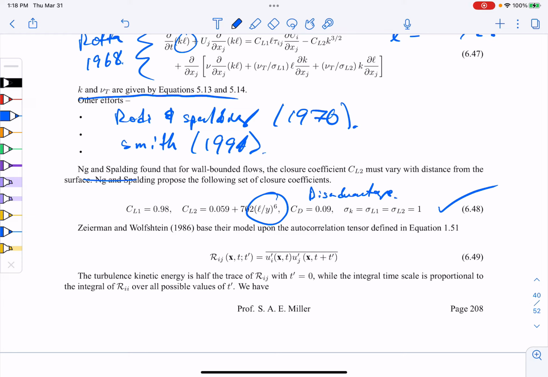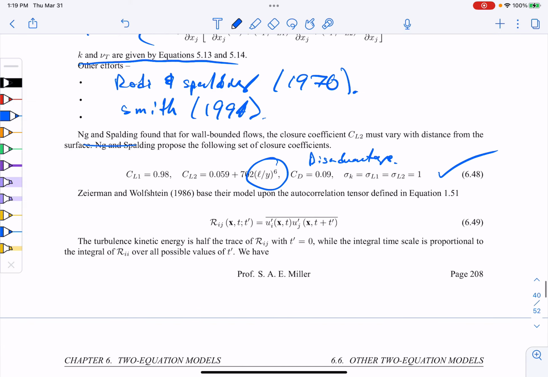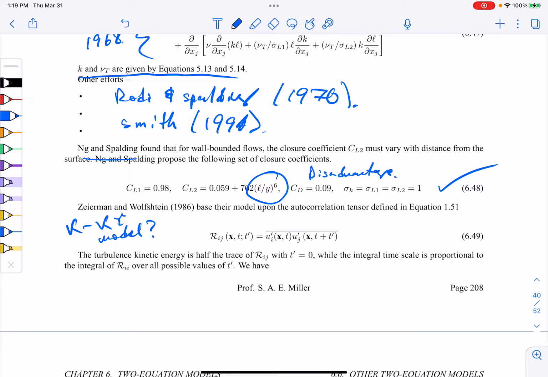Okay, then you say, well, what about a K-tau model? So that's the other choice. Well, we just look for an autocorrelation now. It's like a 2-point space correlation, but now we have a 2-point correlation at 1 point in space, and we vary time.